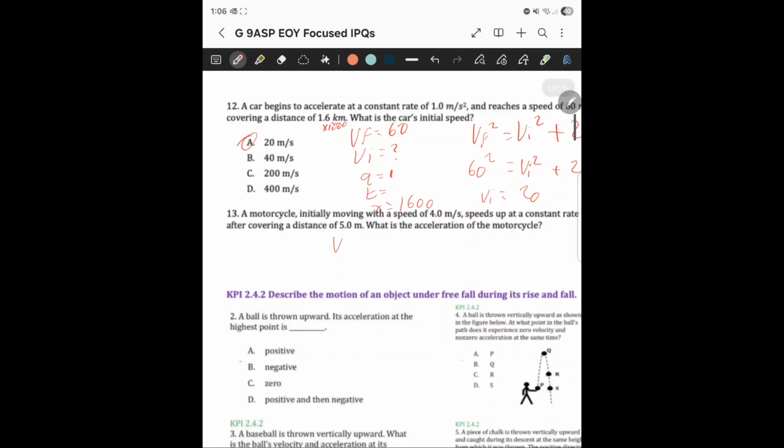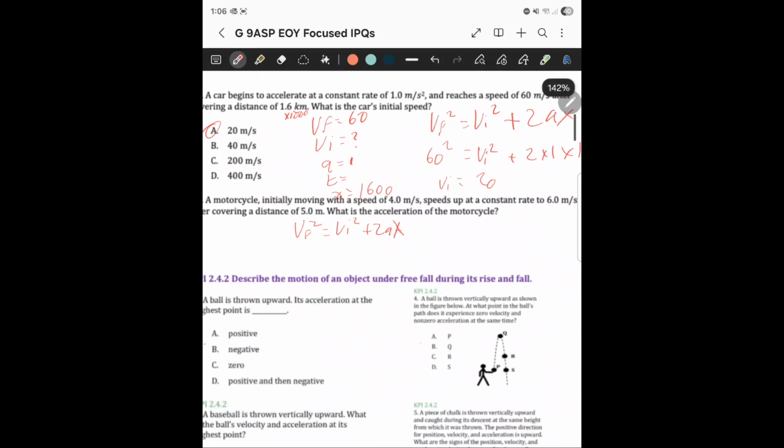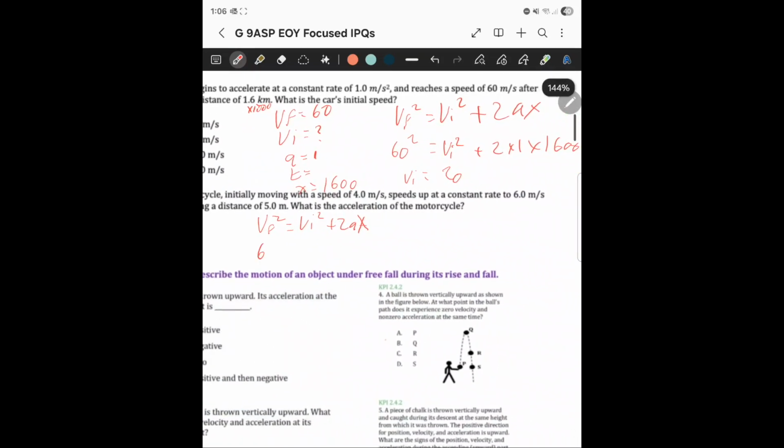Starting with the initial speed, I'm just going to go ahead and write Vf squared equals Vi squared plus 2ax. Vf, the final speed, we know is 6, so 6 squared equals the starting speed, 4 squared, plus 2 times a, which is what I need, multiplied by the distance of 5.